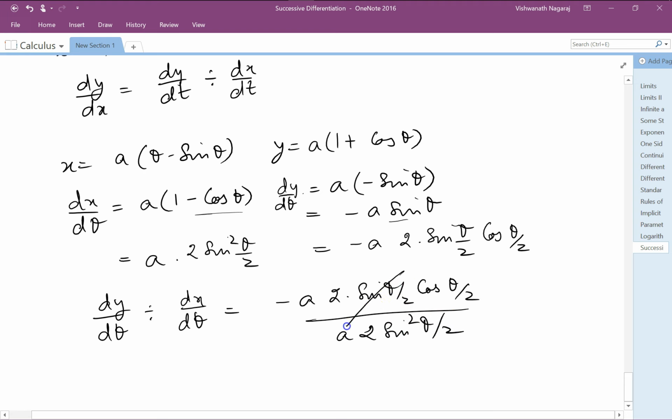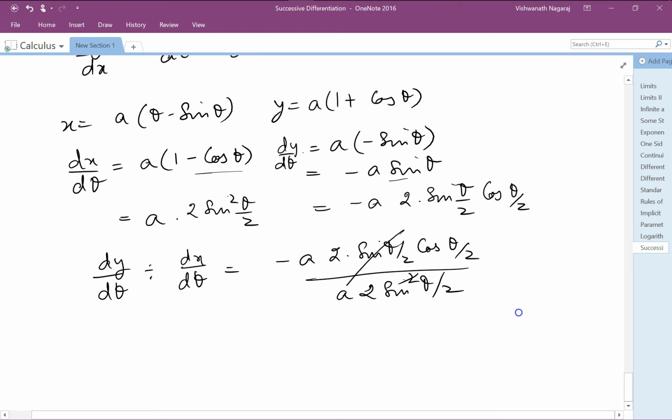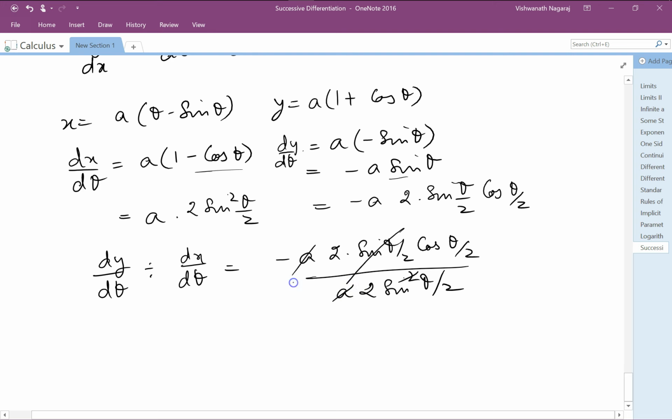So one sine gets cancelled, a gets cancelled, 2 gets cancelled. So we are left with cos theta by 2 over sine theta by 2, which is cot theta by 2.